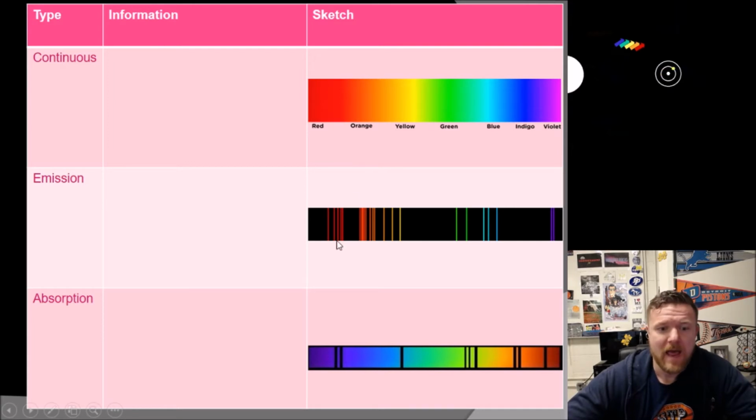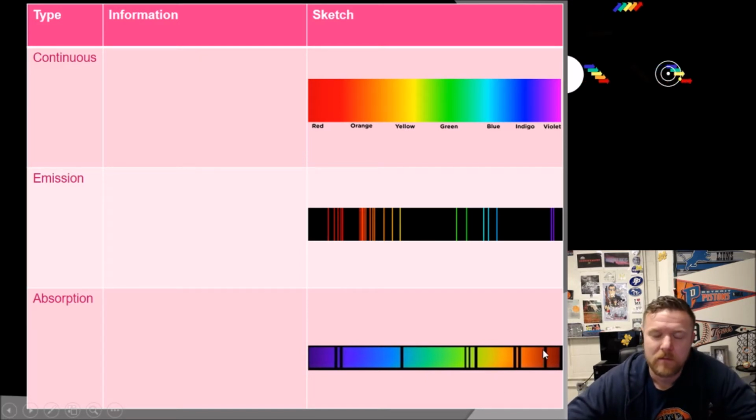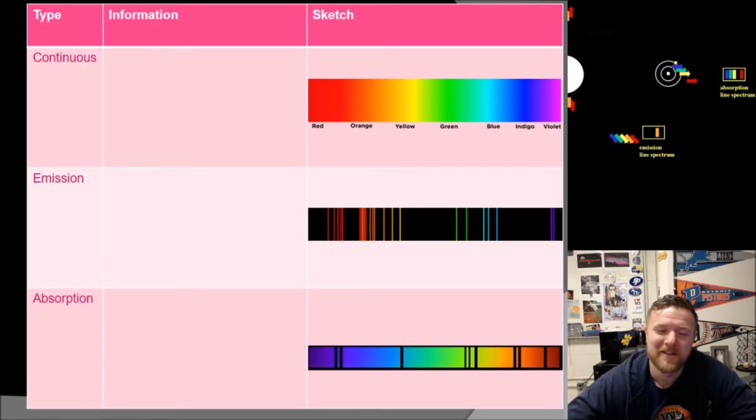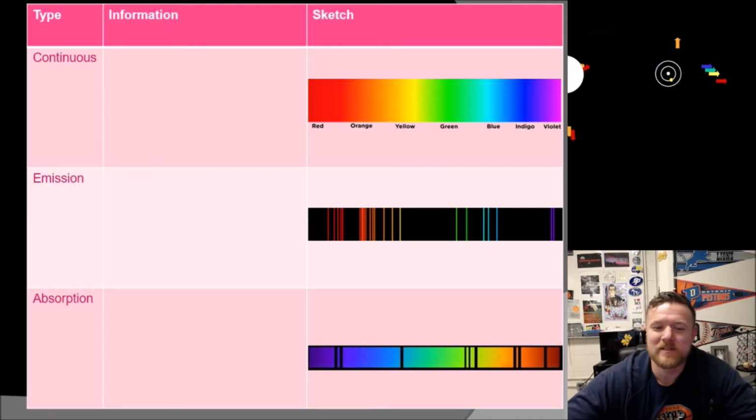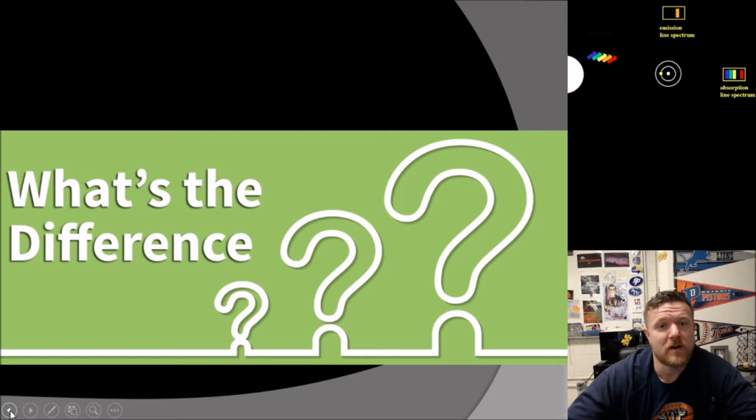Emission spectrums have bright lines, and absorption spectrums have all the colors, but those lines are taken out of the full rainbow. Once you have those etched, let's try to figure out what the difference is between these.